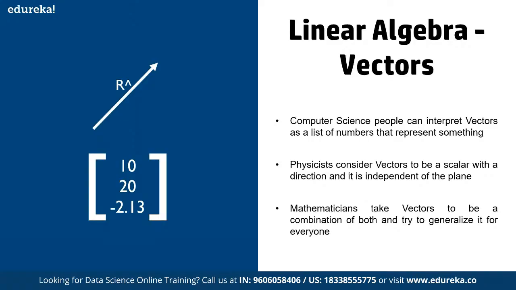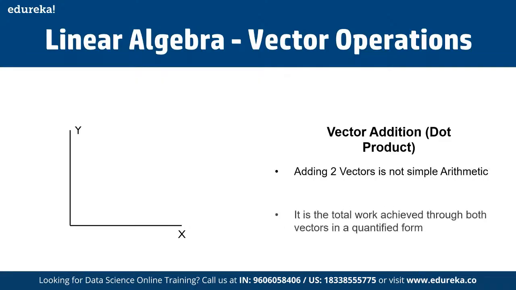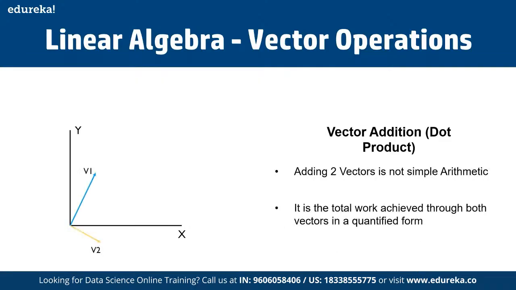Mathematicians take vectors to be a combination of both and try to generalize it for everyone. All of these standpoints are absolutely correct, and that's what makes it so confusing for anyone learning about linear algebra for mathematics for machine learning.